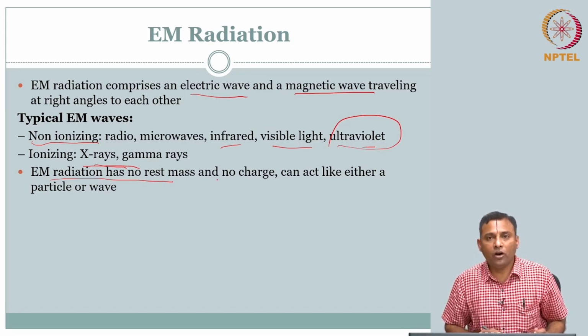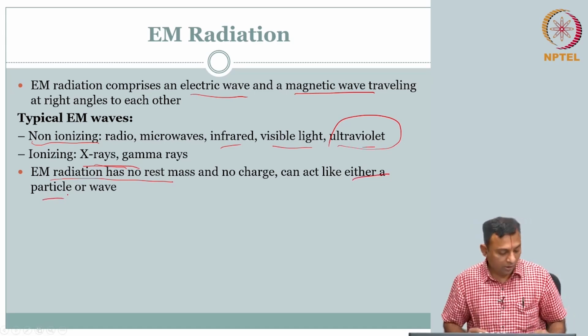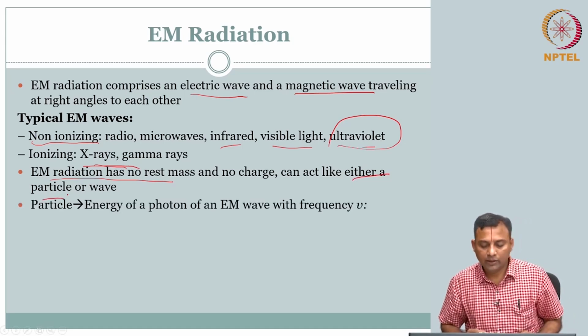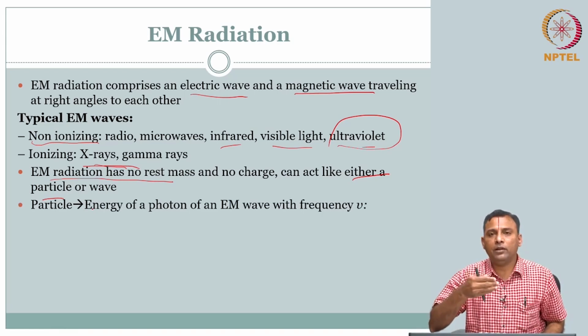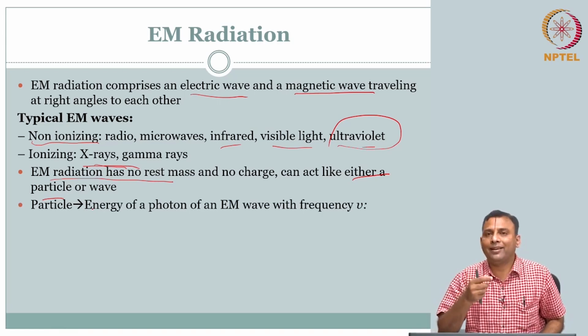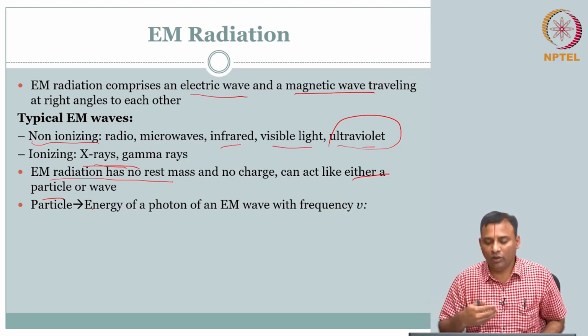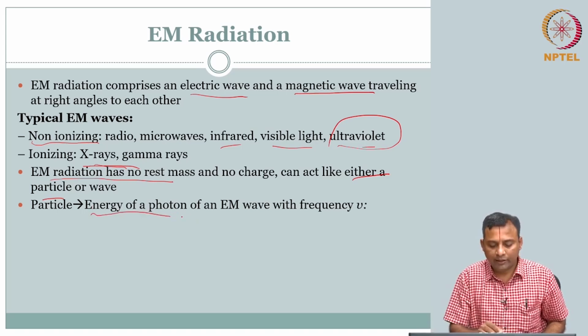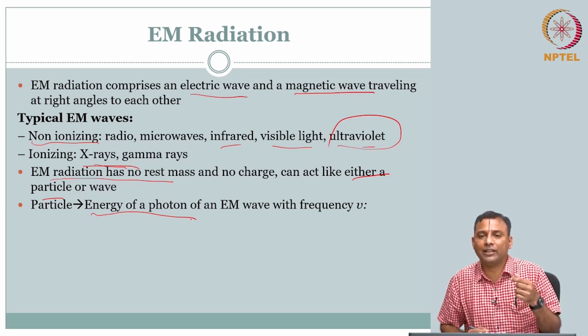Although electromagnetic waves can display both behaviors, that is, they can act either as particle or wave. Okay. So when we talk about particle nature, we are talking about discrete packets of energy, which we call photons.